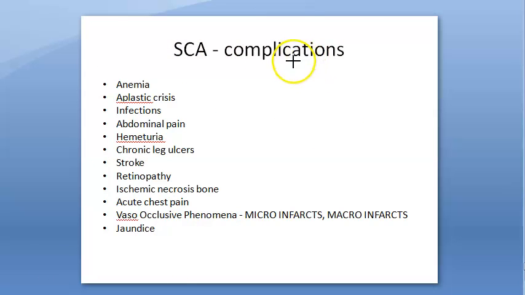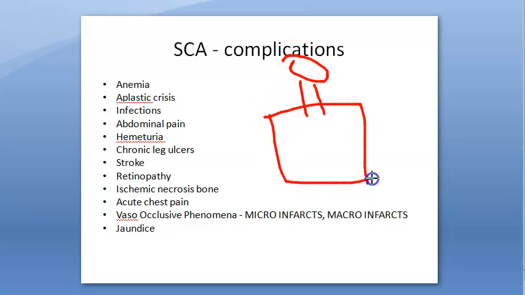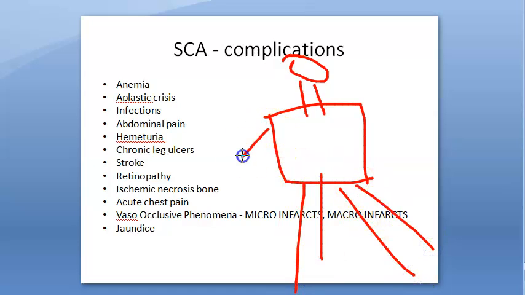So this person has sickle cell anemia. Now what will you see? Anemia, obviously, and aplastic crisis. The body is trying to make so much blood. He is prone to infections. He has microinfarcts, because of which he will have abdominal pain, chest pain, joint pain, etc. Because the sickle cells can't flow properly, they get stuck everywhere and cause infarcts and ischemia.